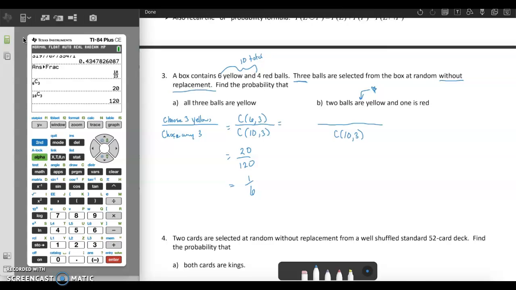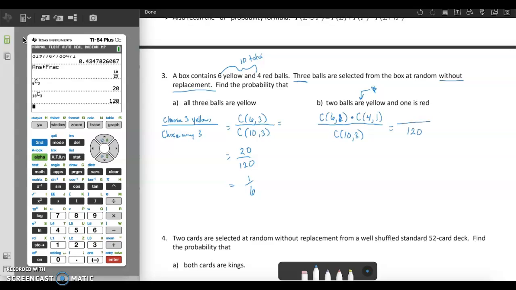But on the top, I'm going to have a multiplication. So how could I choose 2 yellow? Well, that would be a combination of, out of those 6 yellow, we choose 2 this time. And multiply by a combination that, out of those 4 red, we happen to choose 1 of them. I know my denominator is still 120.